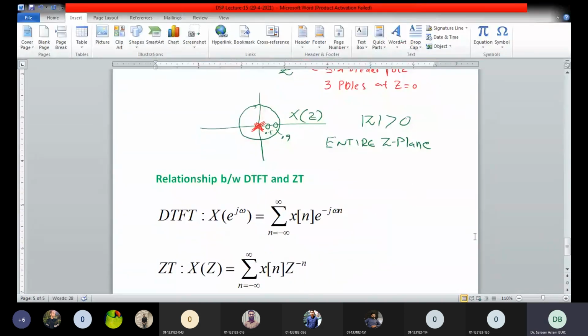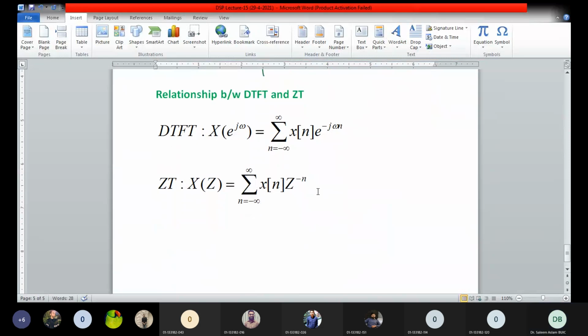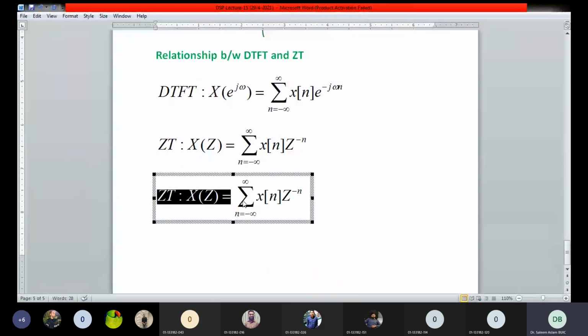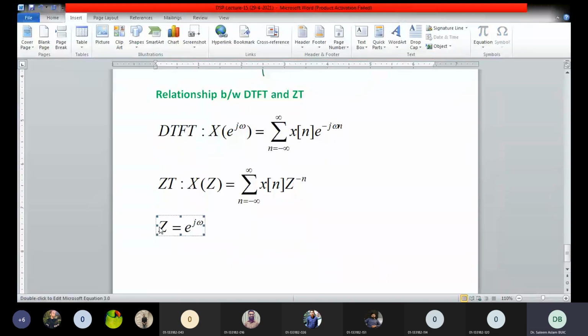So we have defined DTFT and ZT, and here we have defined the expression that z is equal to r e to the power j omega. With r equal to 1, z is equal to e to the power j omega. This is the base of the relationship between Fourier transform and Z transform, right?